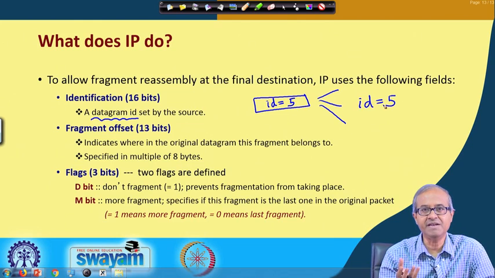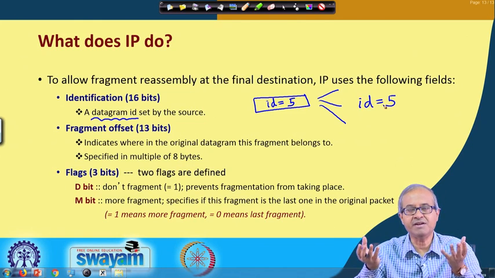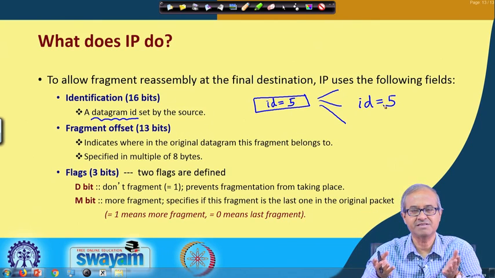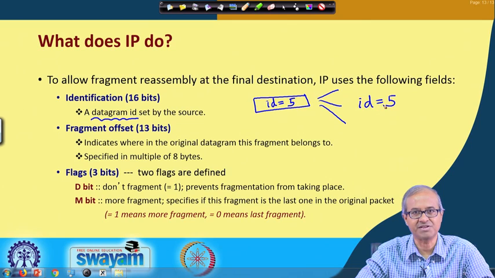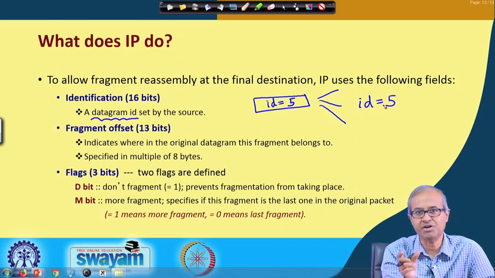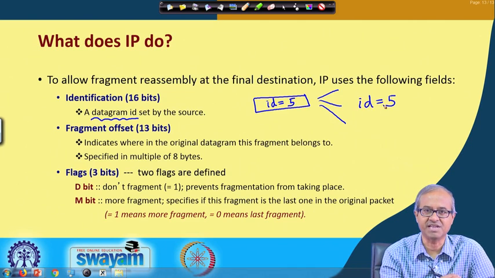So, the ID field indicates that although they are different fragments, different packets, they actually belong to the same master packet. They have to be reassembled together. This is the idea behind ID. It identifies from which original packet these fragments were created.